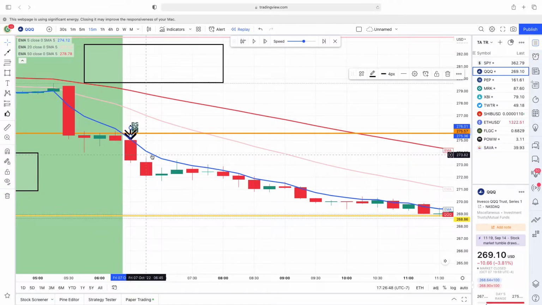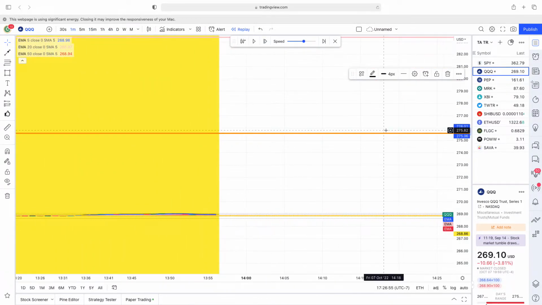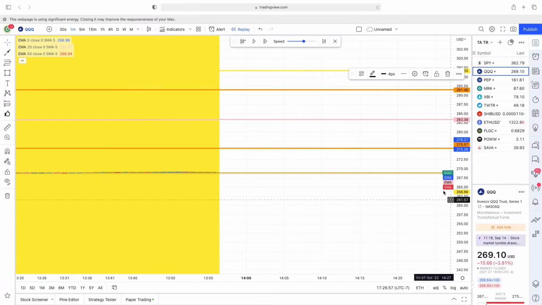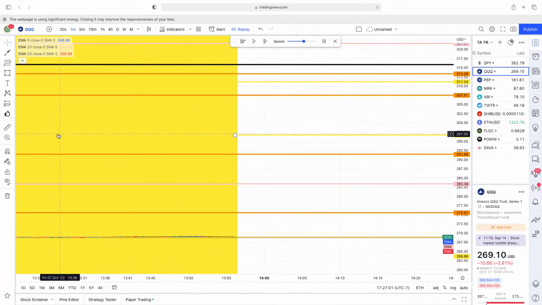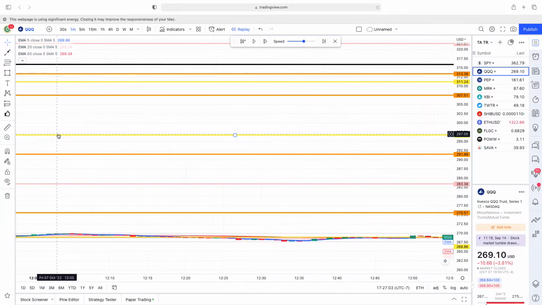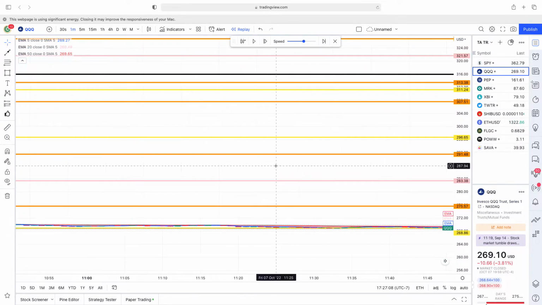The next candle's coming in. And I'm like, should I get out? Where am I at? Jesus Christ. Sorry about this. I don't know why it's moving like this.